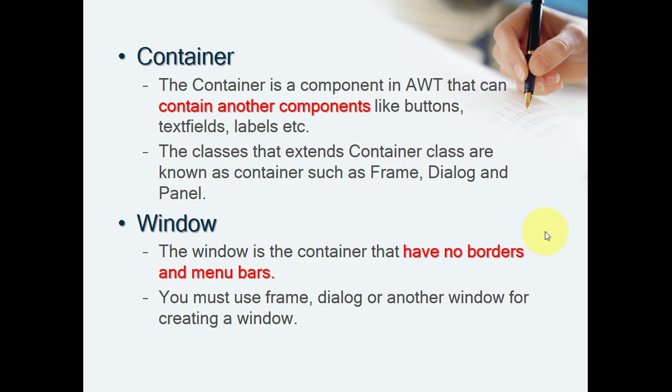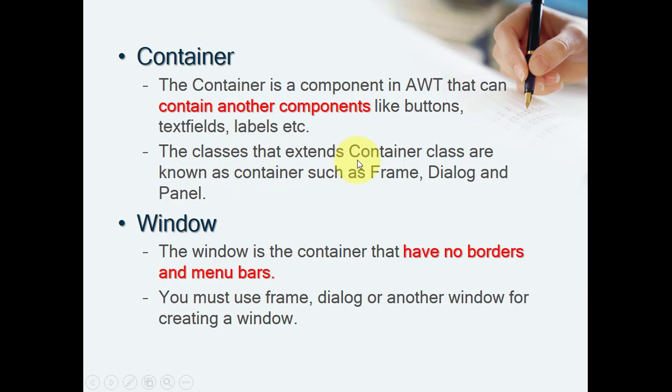So first we have a container. So what is a container? Container is the component in AWT that can contain another components like a button, text field and label, etc. That means it is just holding your components. Okay, so container is a component which contains another component. So on a container you can put buttons, text fields and labels.